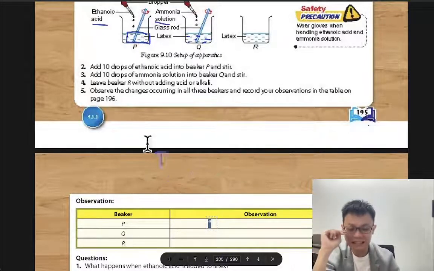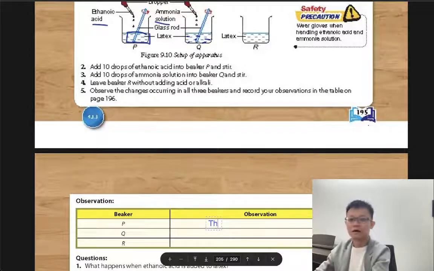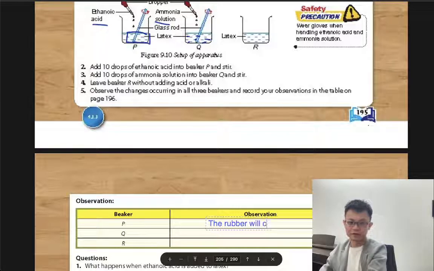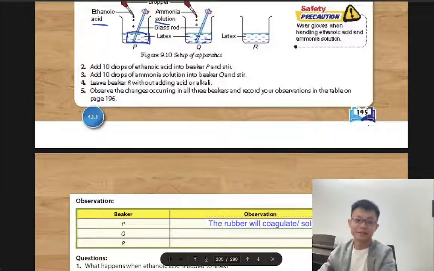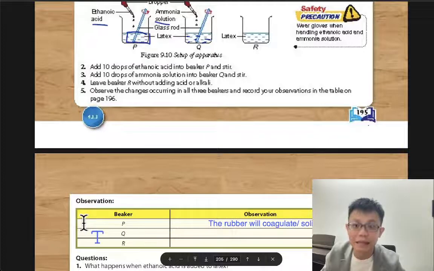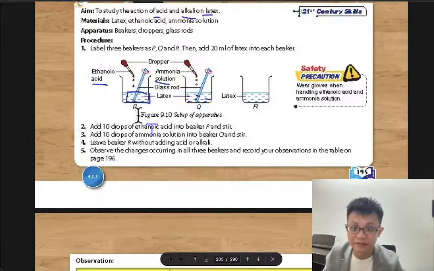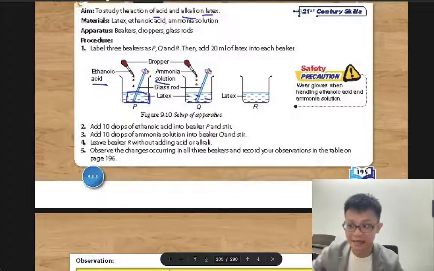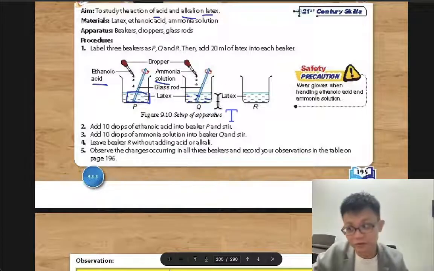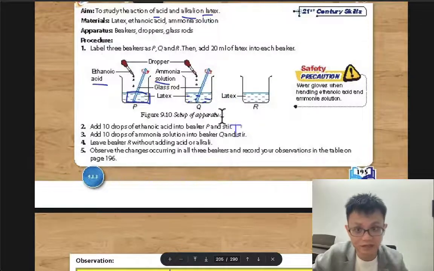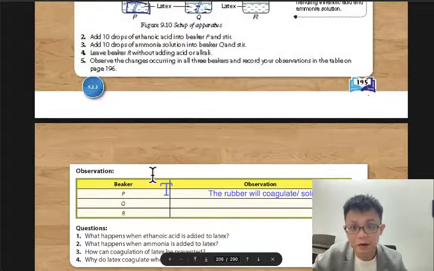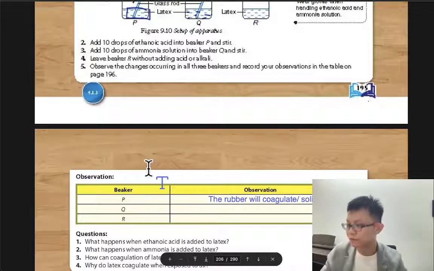What you can see is the rubber will coagulate, or the rubber will become a solid lump, because for P they put acid. Let's say the question asks so, because in the subjective question usually they give you a picture. How about Q? What will happen to Q?